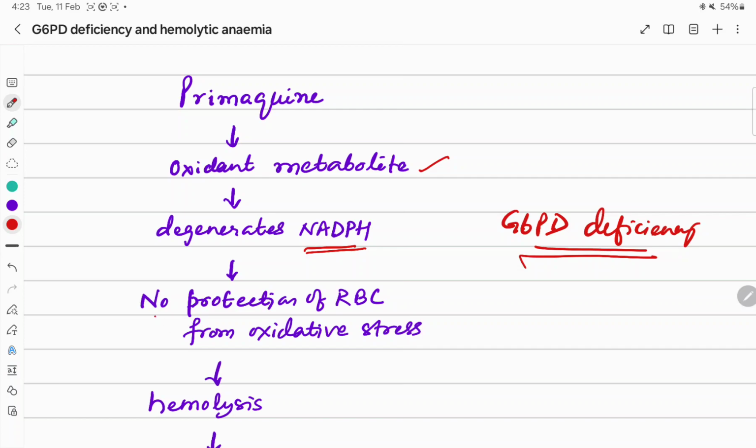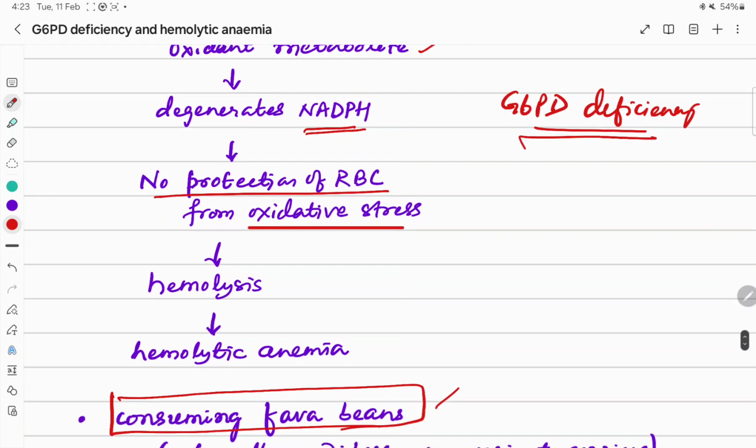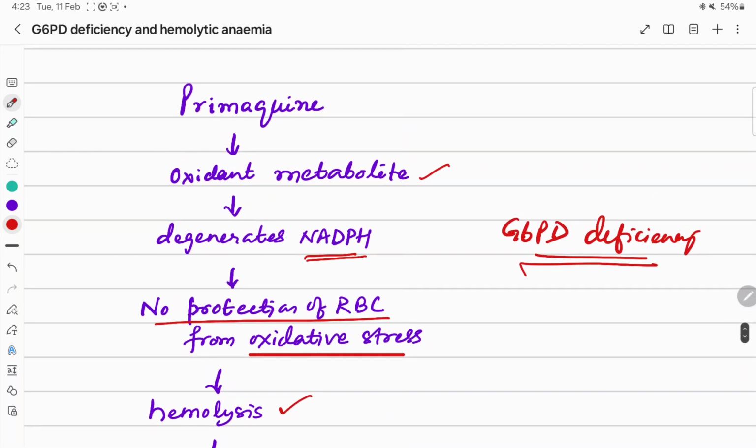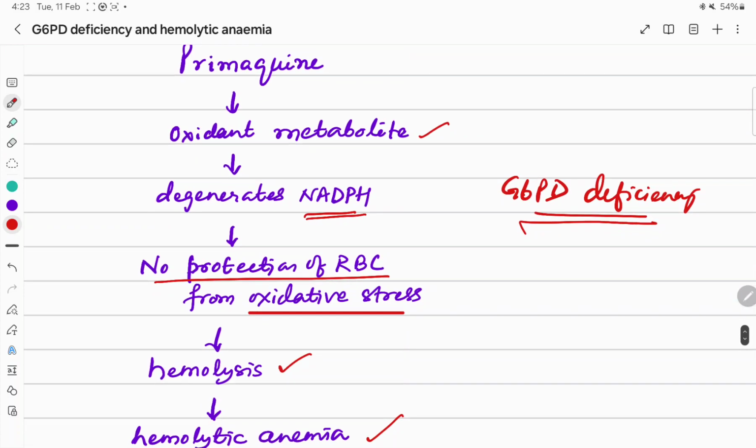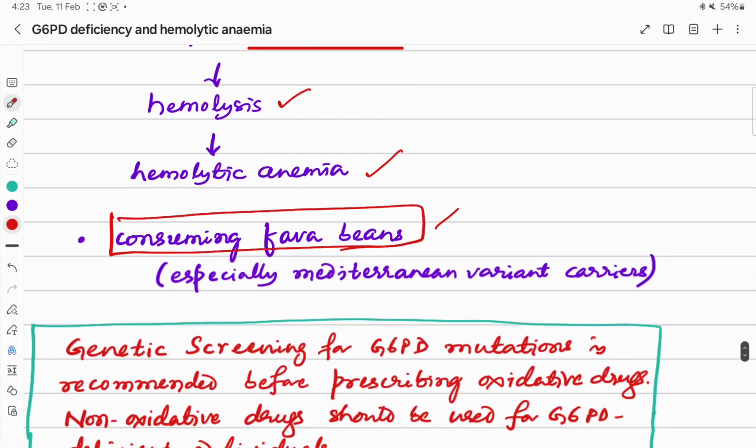So, there is no protection of RBC from oxidative stress, and because of that there will be hemolysis and hemolytic anemia. So in this way primaquine shows hemolytic anemia in G6PD deficient individuals.